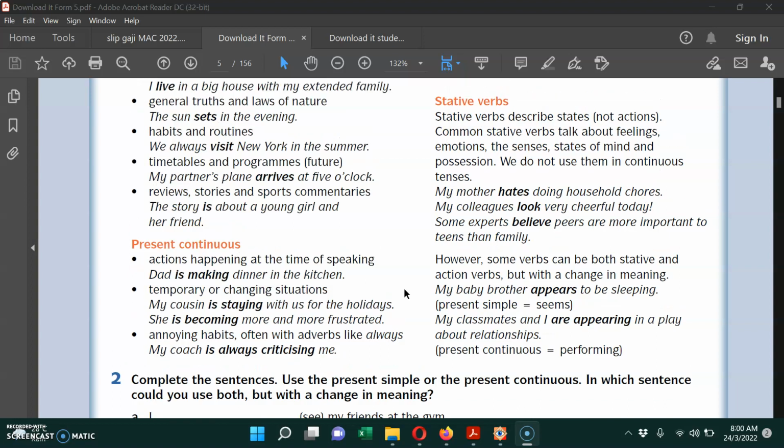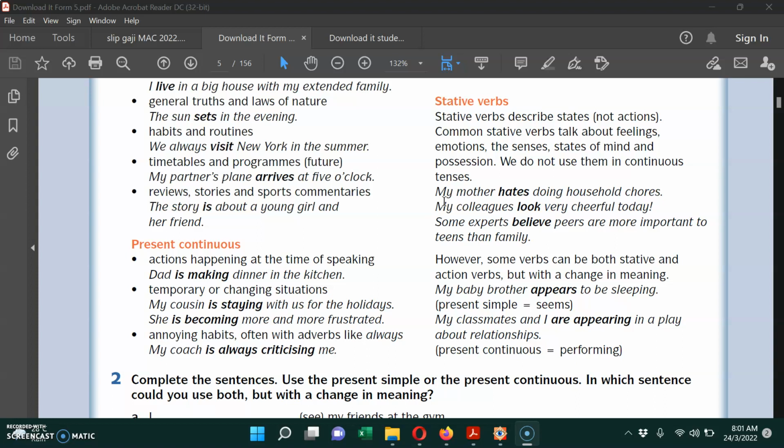Okay, next one, we move on to stative verbs. Stative verbs describe states. Maksudnya kata kerja stative menerangkan tentang keadaan. States ni keadaan, okay, bukannya perbuatan. Common stative verbs talk about feelings, emotions, the senses, states of mind and possession. We do not use them in continuous tenses.